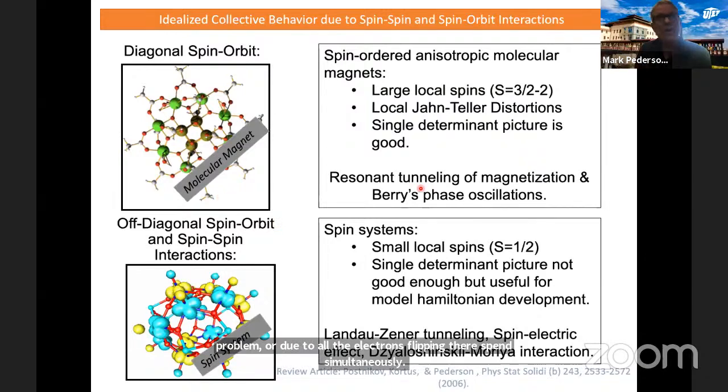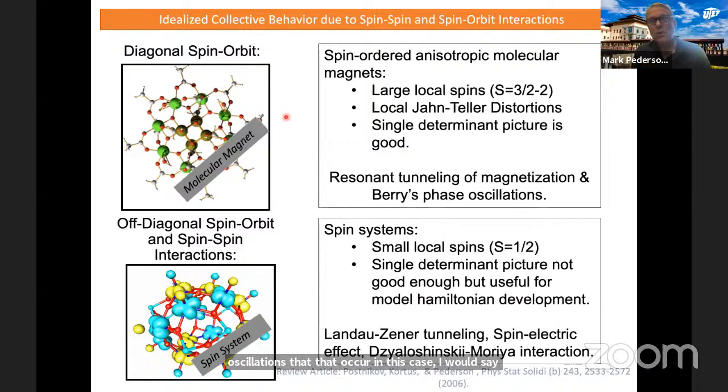That would be a zero energy excitation if there was no such thing as spin orbit coupling. And again, it's resonant tunneling and magnetization and Berry phase oscillations that occur in this case. I would say that this example is a case where we should expect single determinantal methods such as DFT to work very well, and it does.